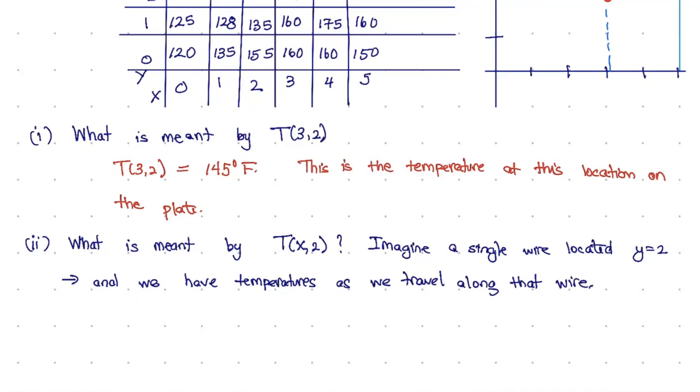Specifically, you could then say that we could define a whole new sort of function, if you would. We could say that the temperature is now u of x, which would equal the temperature when y is equal to 2, specifically.